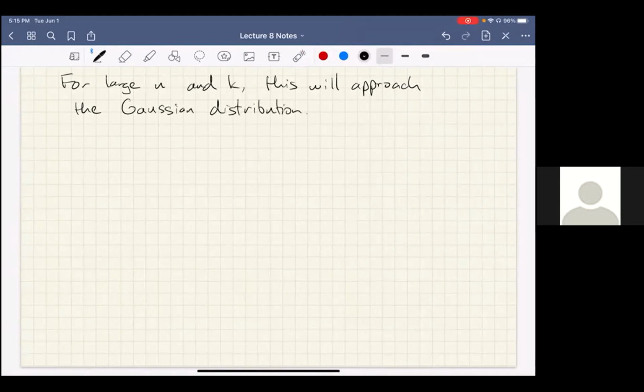So that's a well-known fact about the binomial, that it'll approach the Gaussian distribution as the arguments get large.